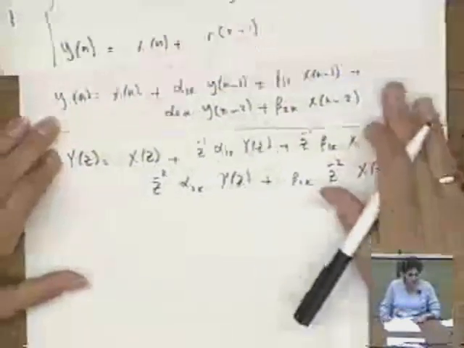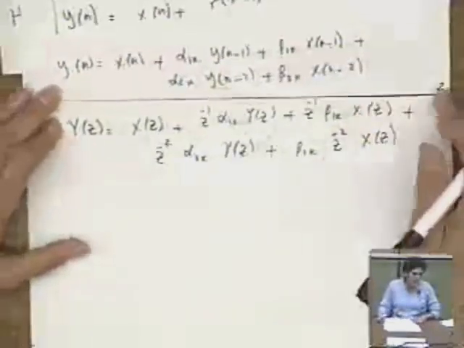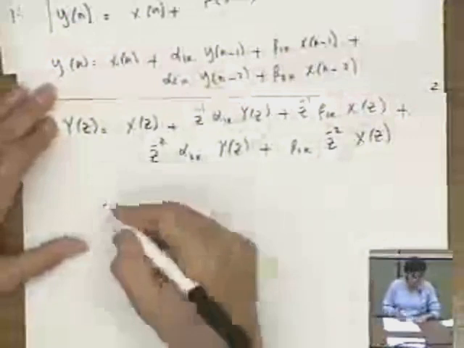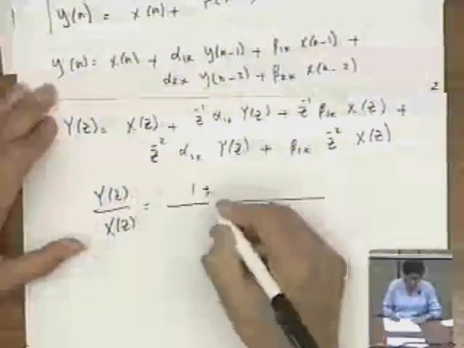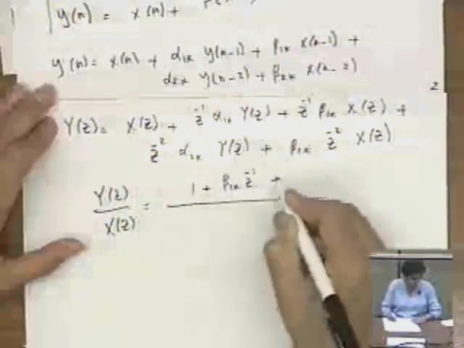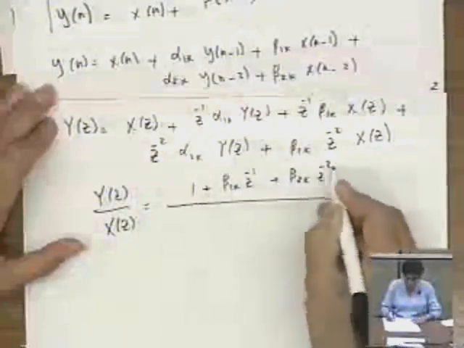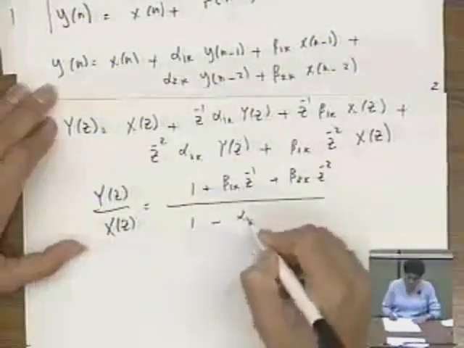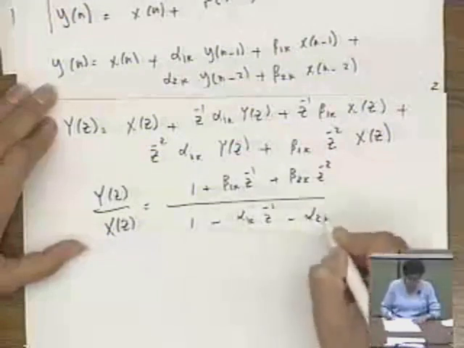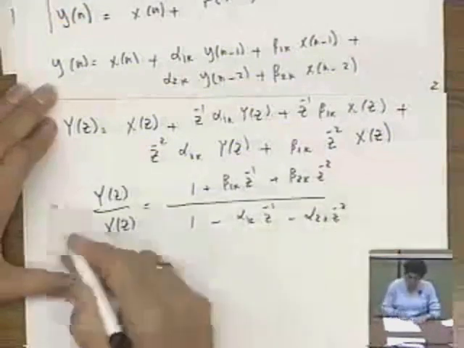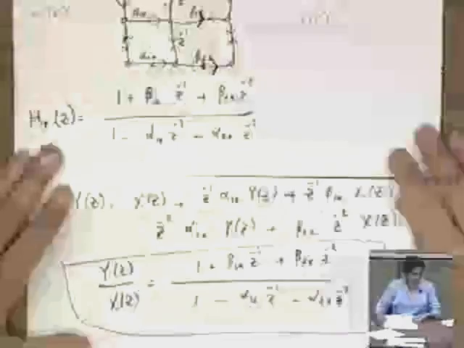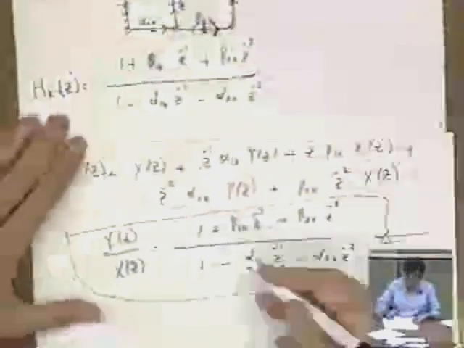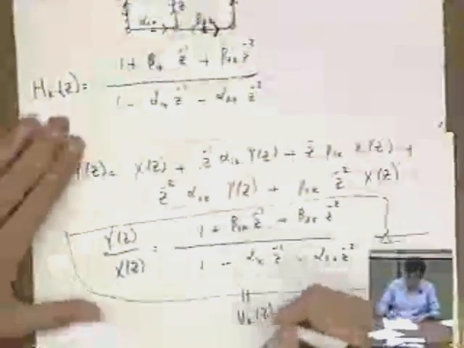And then you can collect the y of z terms and x of z terms all in one side, and what you get is y of z over x of z is given by 1 plus beta 1k z inverse plus beta 2k z to the minus 2, over 1 minus alpha 1k z inverse minus alpha 2k z to the minus 2, which is, bingo, the same expression as we had before as h sub k of z, the same thing as what we started off with before.